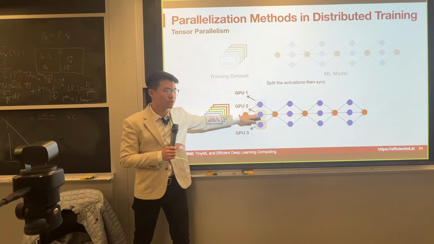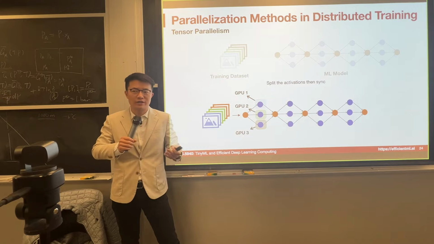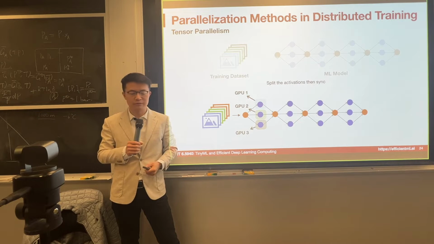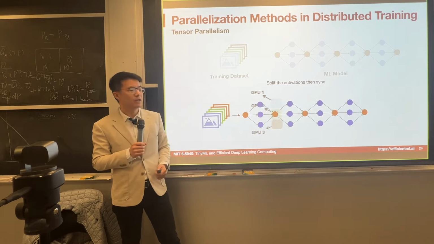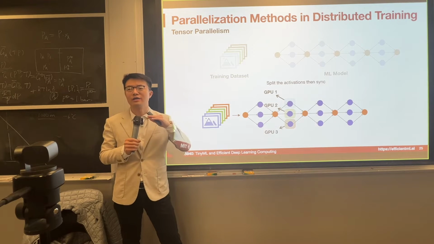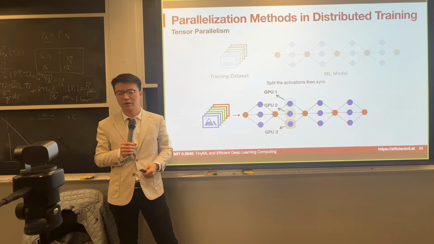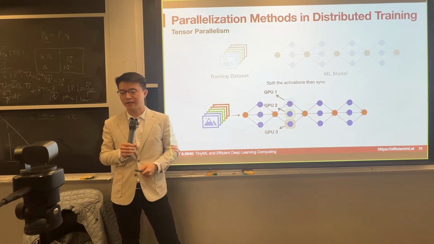So even for just one single layer, a single matrix multiplication is done by multiple GPUs. We can do it for the first layer, and the same for the second layer. So we divide each layer, each matrix multiplication, each convolution across multiple GPUs. But here we are using the same piece of data.